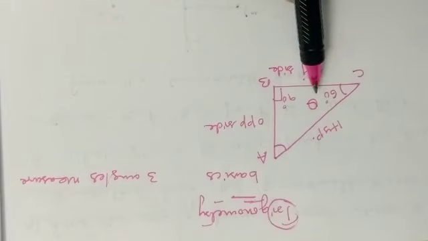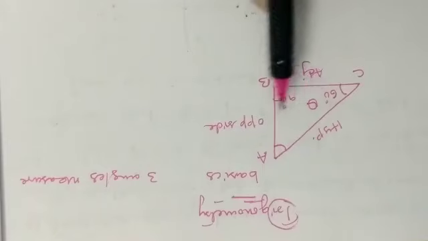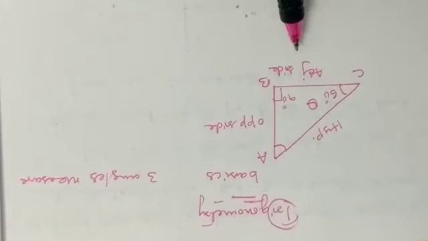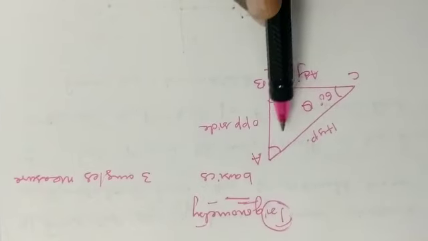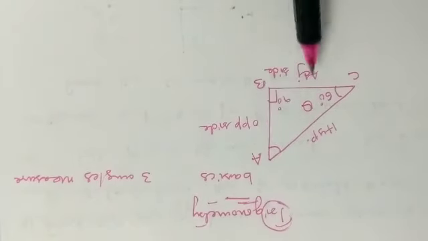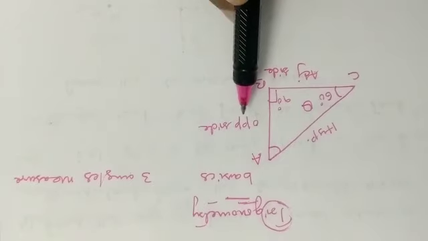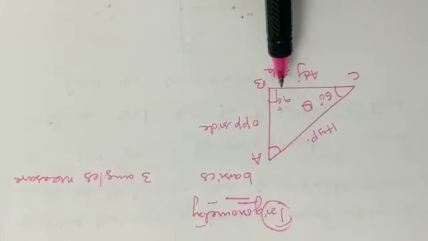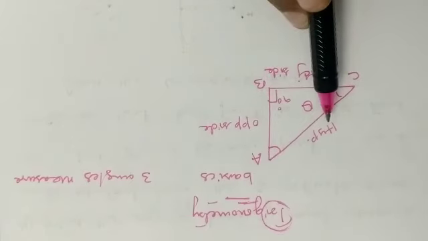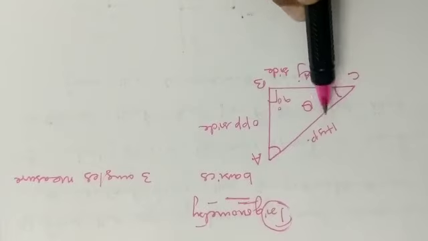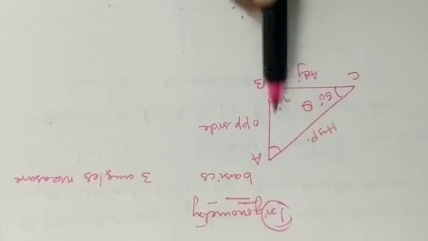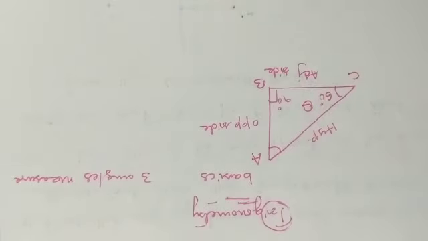If I take the acute angle here, then this becomes opposite and this is adjacent. If you take the acute angle here, then this is opposite and this becomes adjacent. Whatever it may be, this is always the hypotenuse, the longest side in this right-angled triangle.